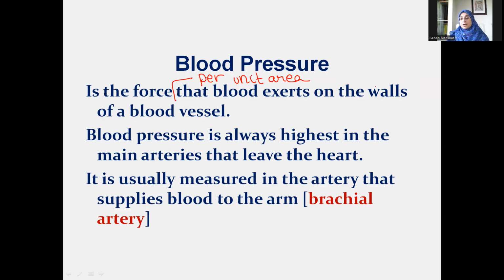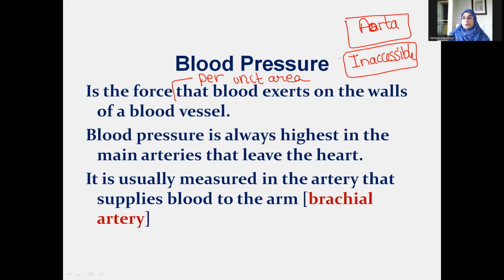Of course, the artery that is closest to the heart is the aorta, but the problem with the aorta is that it is inaccessible clinically. And therefore, when we measured the blood pressure using the sphygmomanometer, we did not use the aorta, but we used another artery, which is the brachial artery.